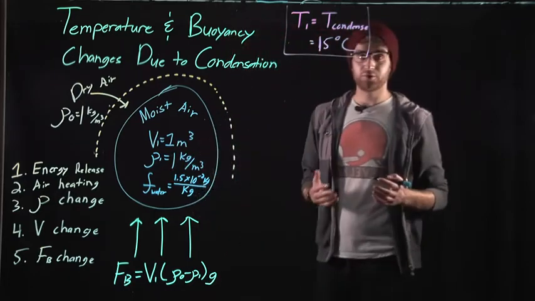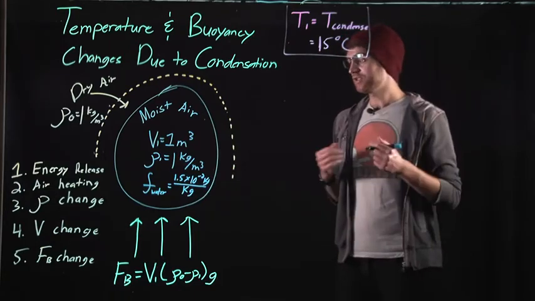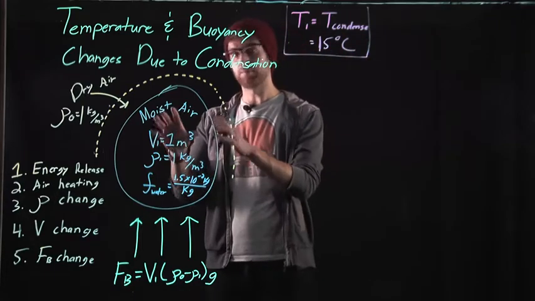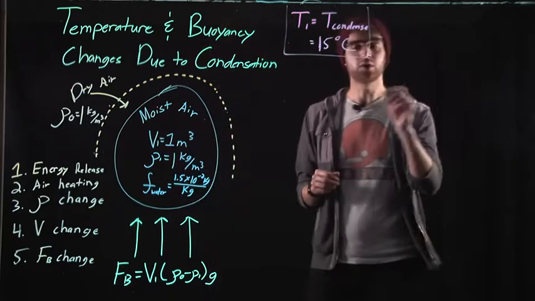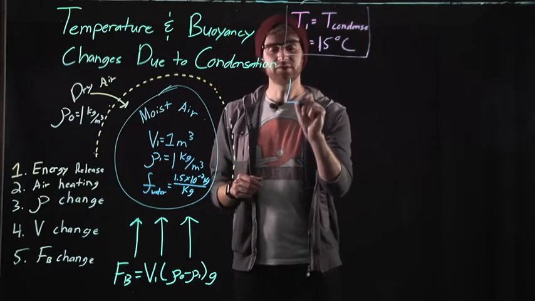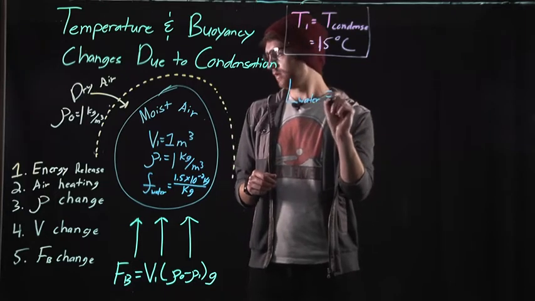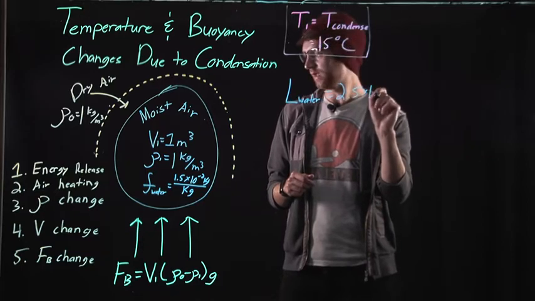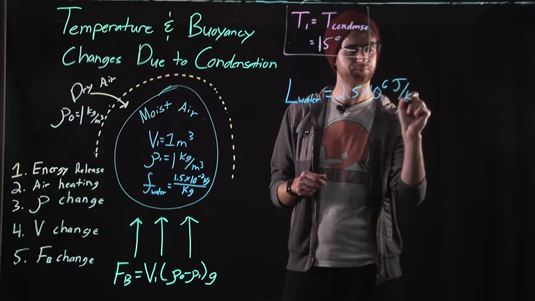First we need to know the latent heat of water. How much energy is released due to the phase change from a gaseous state to a condensed liquid state? The latent heat of water is 2.5 times 10 to the 6th joules per kilogram.